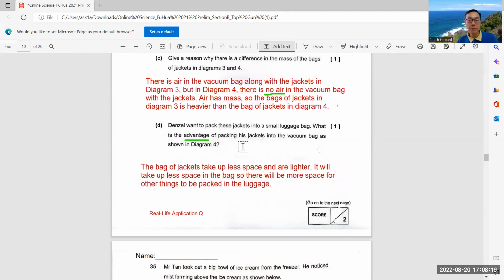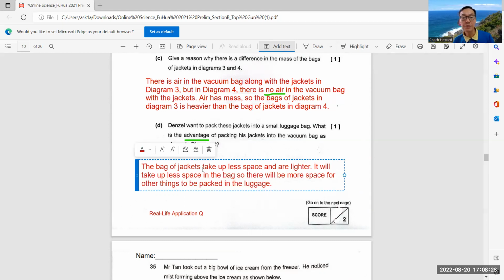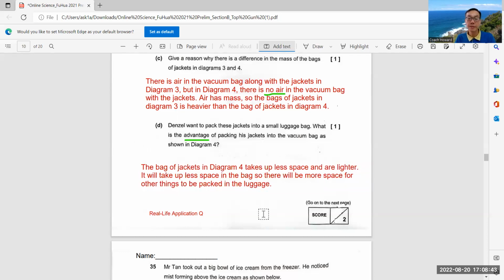So the bag of jackets in diagram 4 takes up less space and is lighter. It will take up less space in the bag, so there will be more space for other things to be packed.